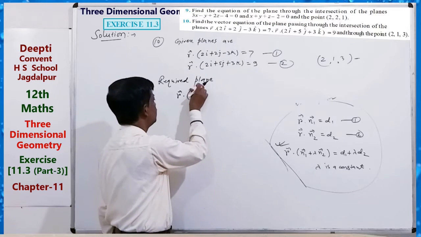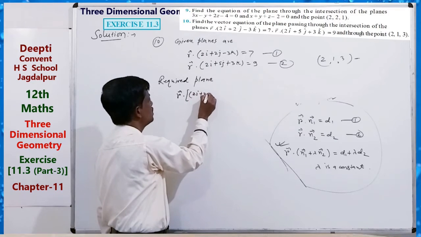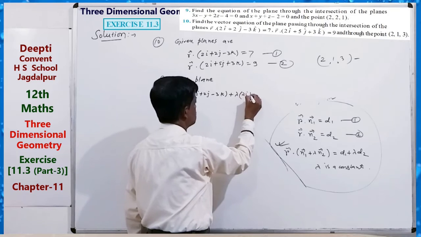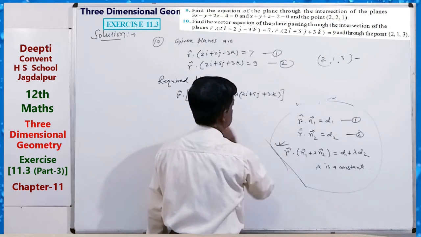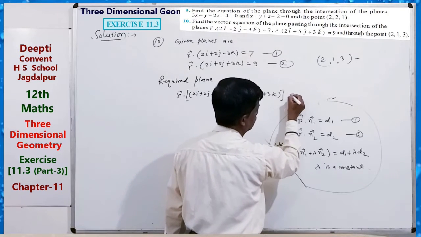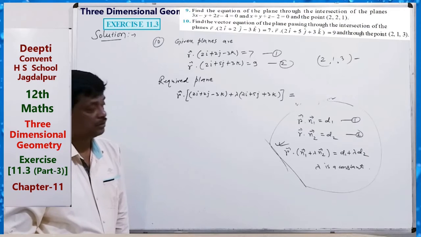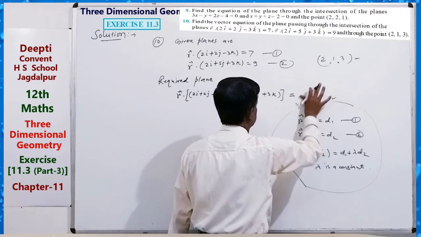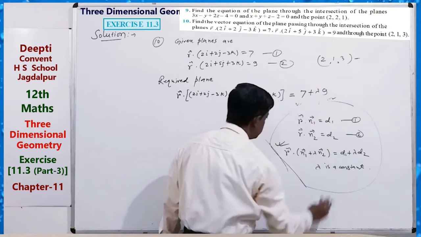We can write: first vector n1, that is 2i + 2j - 3k, plus lambda times n2, that is 2i + 5j + 3k, equals d1 plus lambda d2. Here d1 means 7, so 7 plus lambda times d2, which is 9.